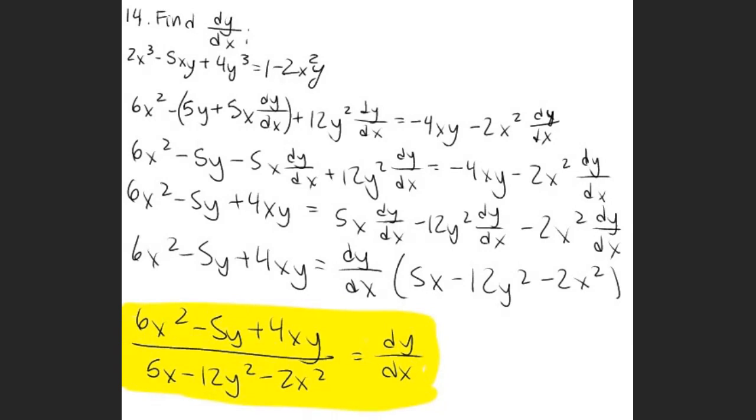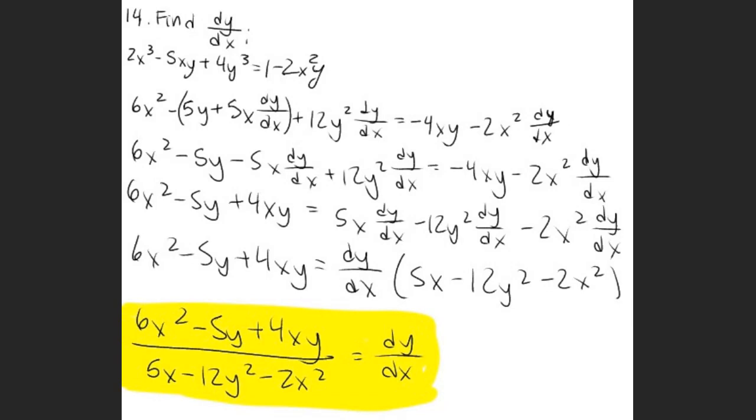So that gets you 6x squared minus the quantity 5y plus 5x dy over dx plus 12y squared dy over dx equals negative 4xy minus 2x squared dy over dx. After that, I just distributed the negative sign on the left side of the equation.